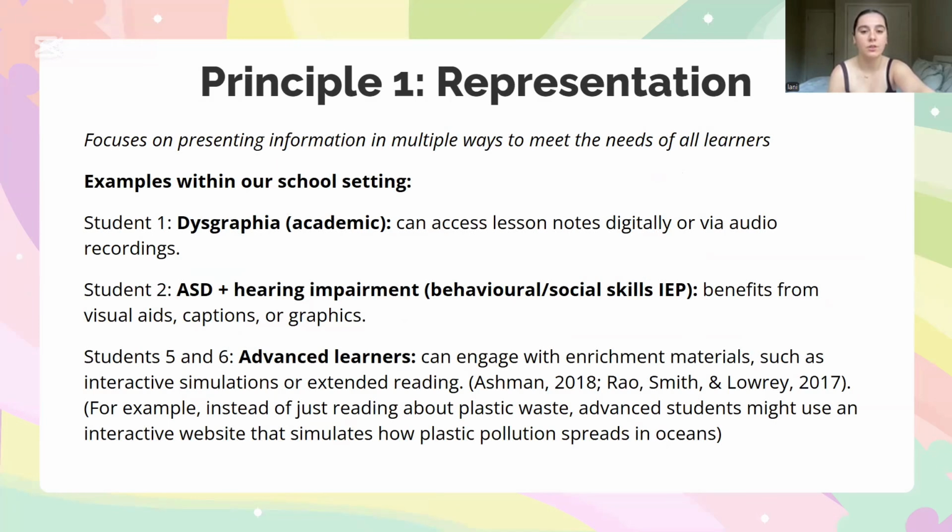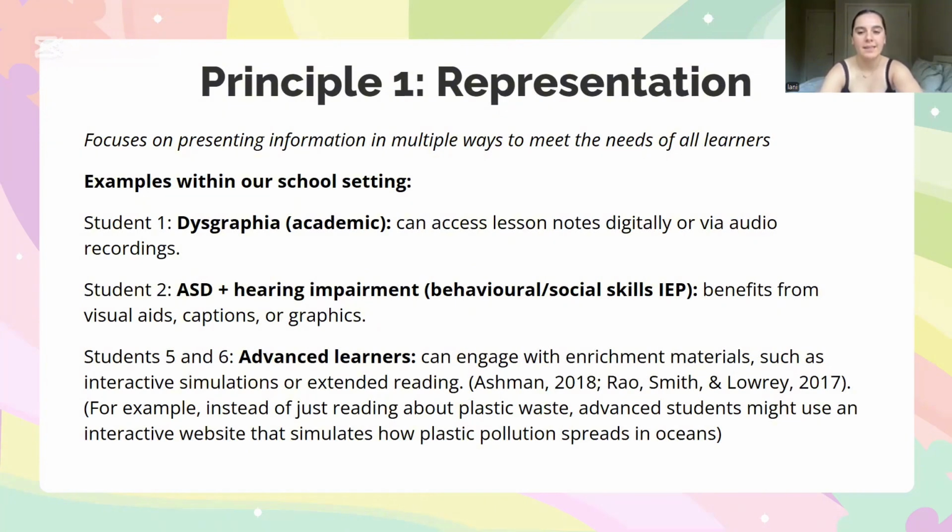So UDL is relevant because it provides flexible options for engagement, including movement breaks and varied learning activities to help maintain their focus. Our student with ASD is thoughtful and capable, but they experience challenges with social interactions, especially communication and hearing in busy classroom environments.